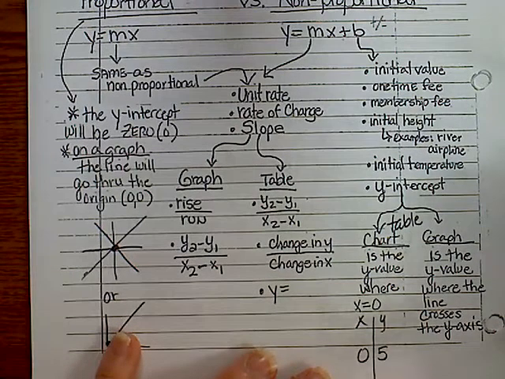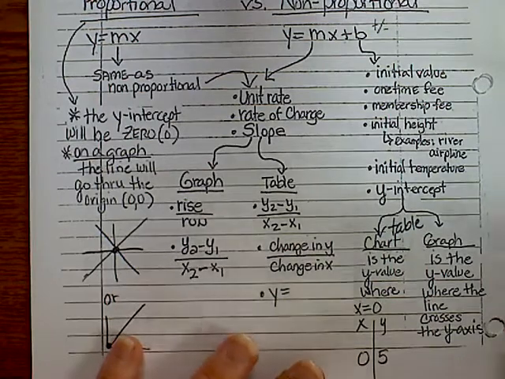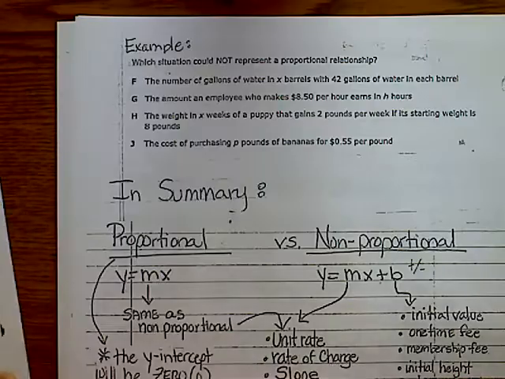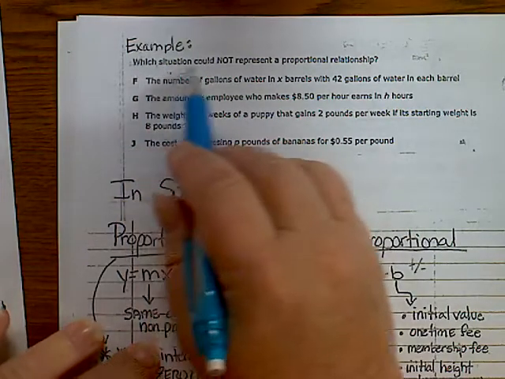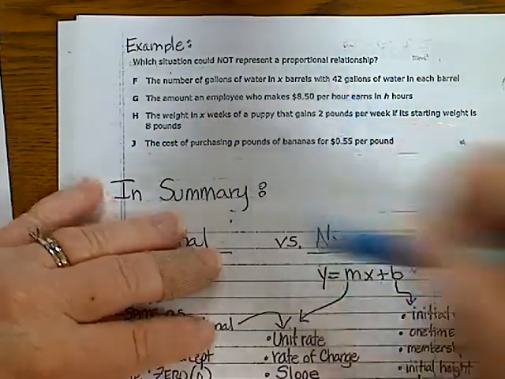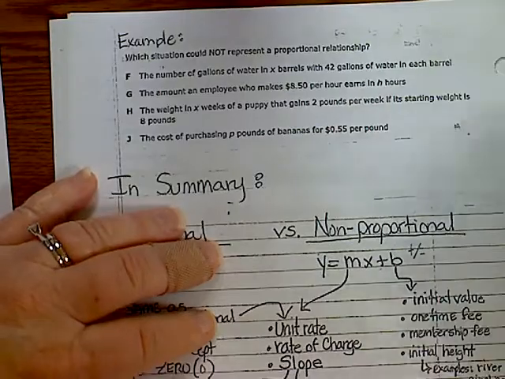The last thing I want to go over is how do you check in a word problem, because this is how they ask a lot of times. Which situation could not represent a proportional relationship? I could also write this as all of the following represent a proportional relationship except, okay?